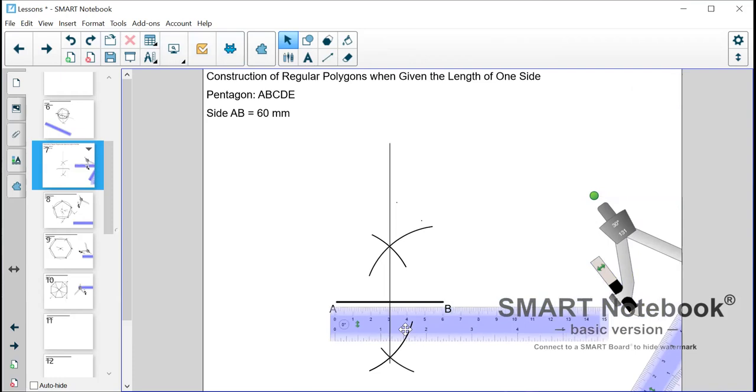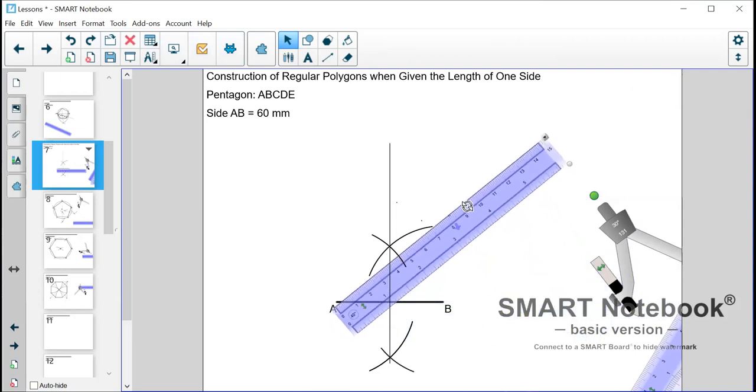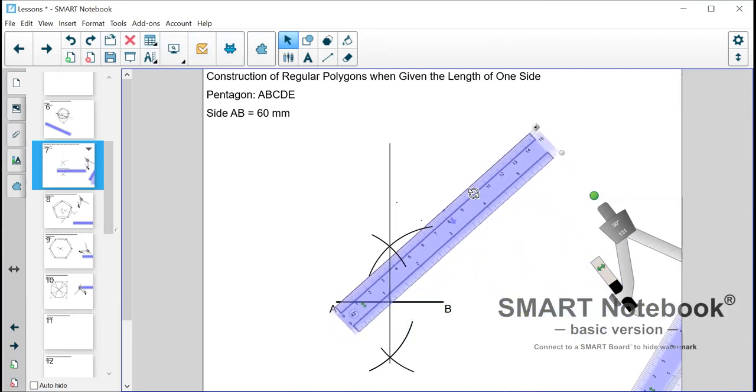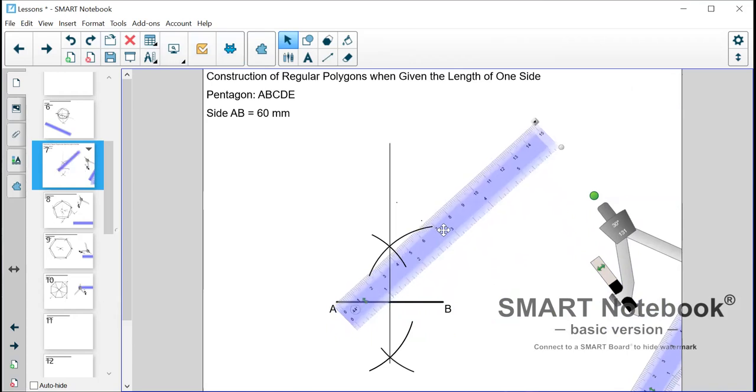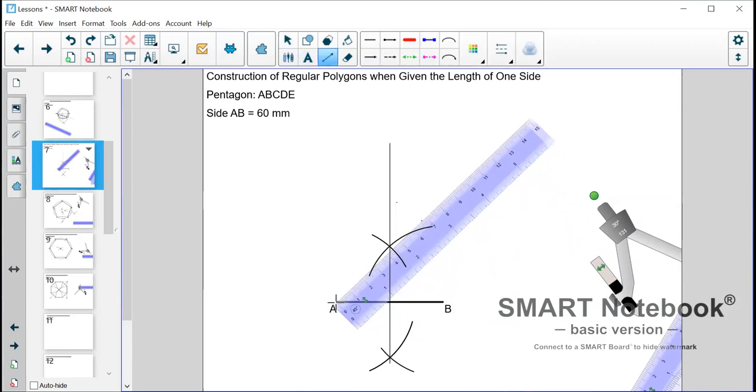Now we need to draw lines to those two angles, and we draw them from A. From A, we draw a line to the angle. We don't have to go all the way to the point.